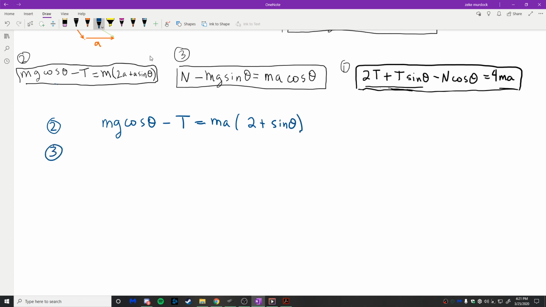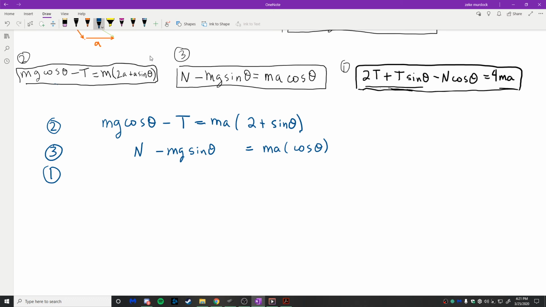I'll now write this one here. So equation 3, I'll leave some room here. How much room do I need? So n minus, leave some space there, is equal to, and then equation 1.